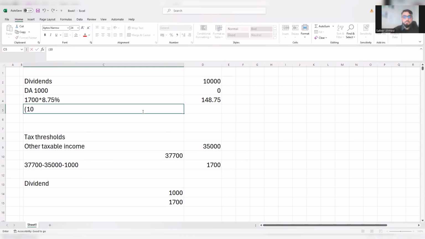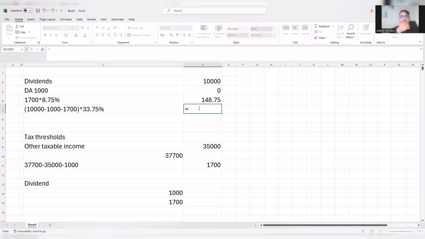Total dividends were 10,000 minus the ones that we already covered. On the remaining amount, it will be the higher rate of dividend tax, which is 33.75%. So 10,000 minus 2,700, times 33.75%, which gives you that.